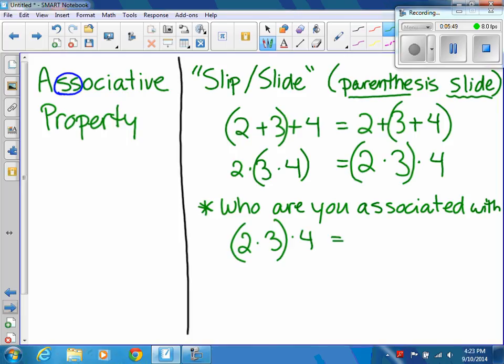The next day, I'm going to have the same group of 2 and 3 and 4, only now 3 and 4 are going to get to work together, and 2 will be alone. So one way I like to think of it is, again, who are you associated with? You can also think of that as your friends. Sometimes you have more than one friend, and one day you're hanging out with friend A, and the next day you're hanging out with friend B.